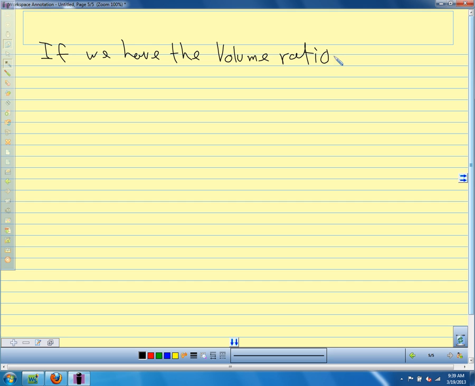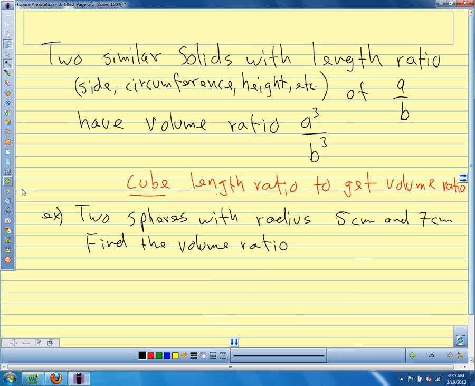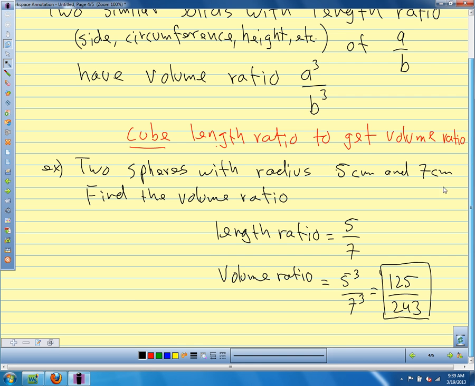On the last problem, 7 cubed is 343. Did I write my digits in the wrong order? Thank you. Yes, I have it written down correctly here. I just didn't write it down correctly there. All right.